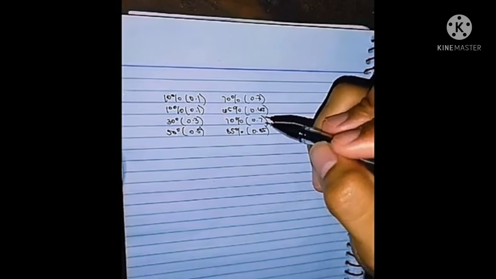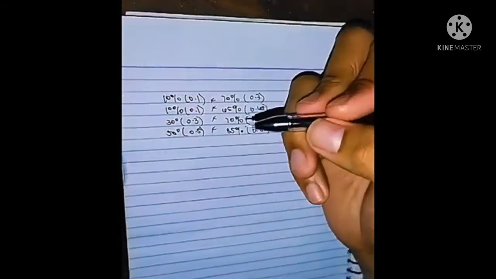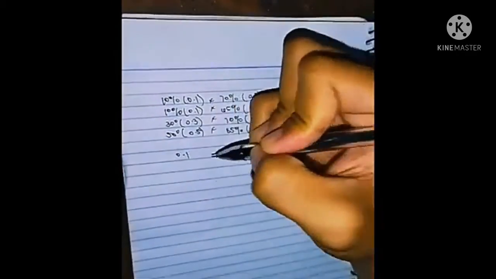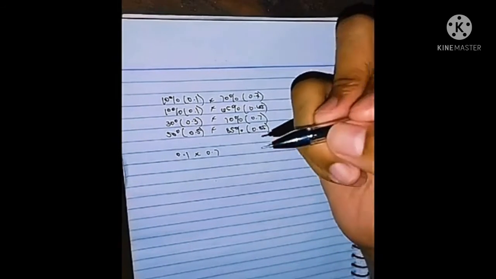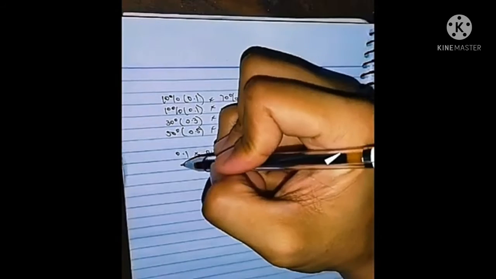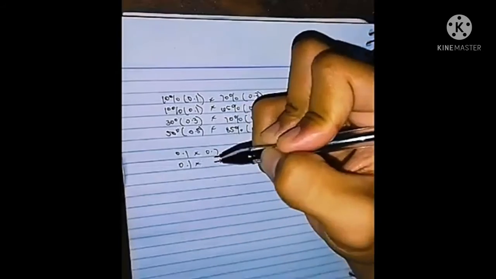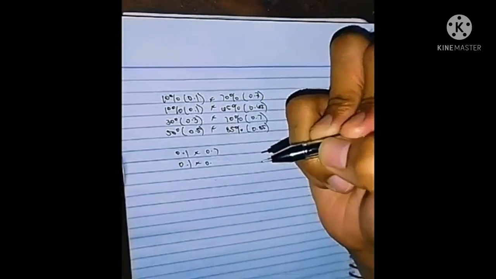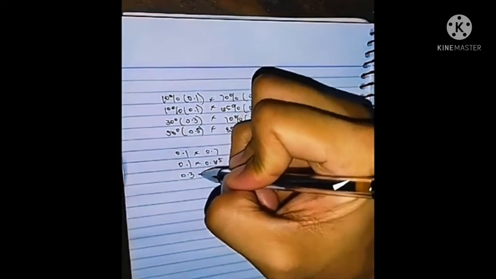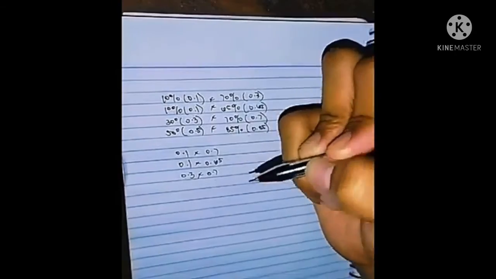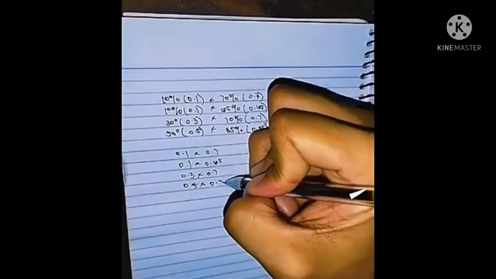All decimals are multiplied. So 0.1 times 0.7, then 0.1 times 0.65, then 0.3 times 0.7, and 0.5 times 0.85.